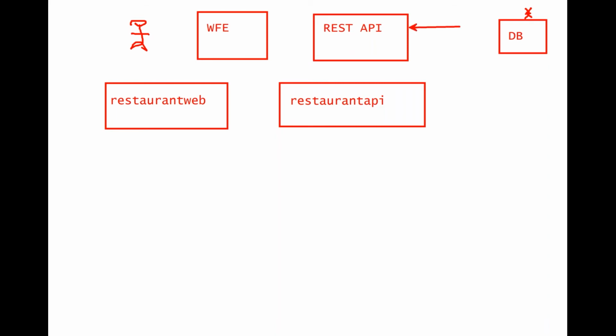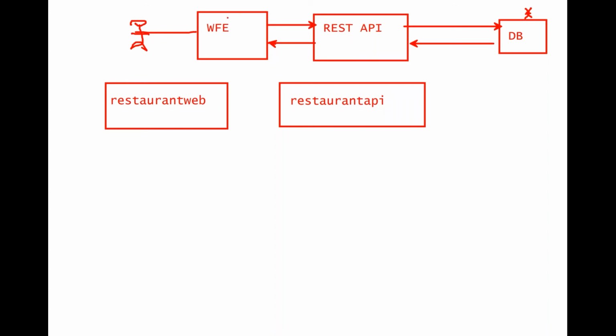Typically, this REST API will connect to this particular database, and the web front end will send a request to the REST API, which will receive the data from the database. It will be forwarded back to the client application, and then delivered to the web browser that the end user is using.